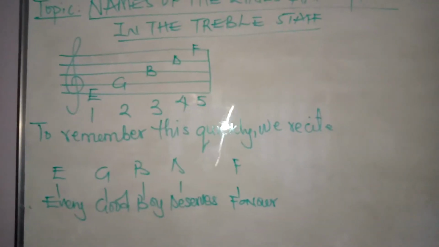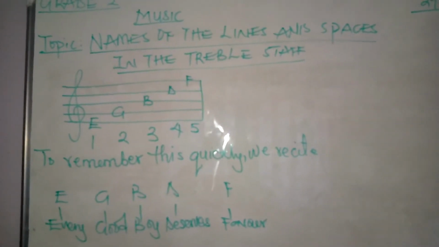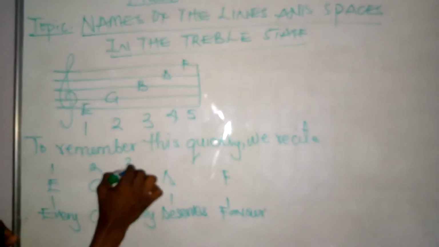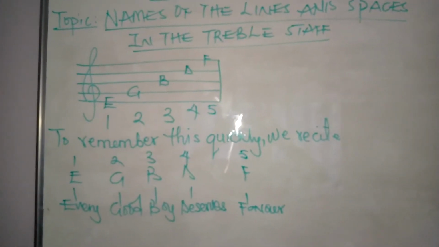So to remember this, we use this acronym. Every good boy deserves favor. This is again 1, 2, 3, 4, and 5. Every good boy deserves favor.